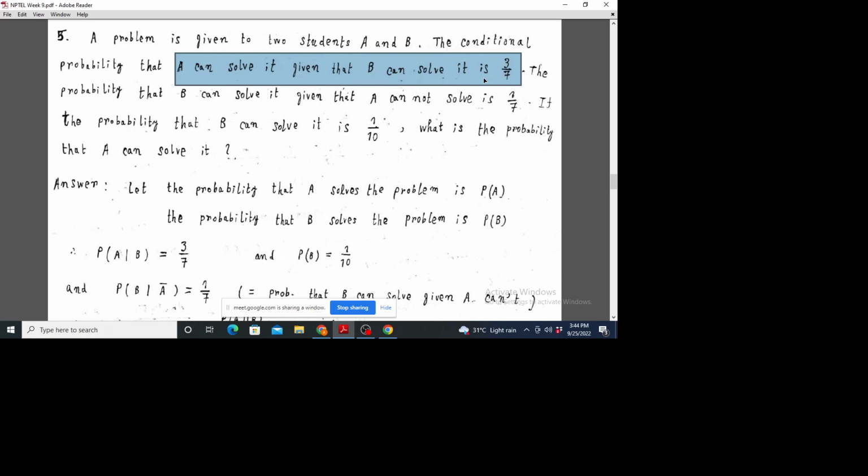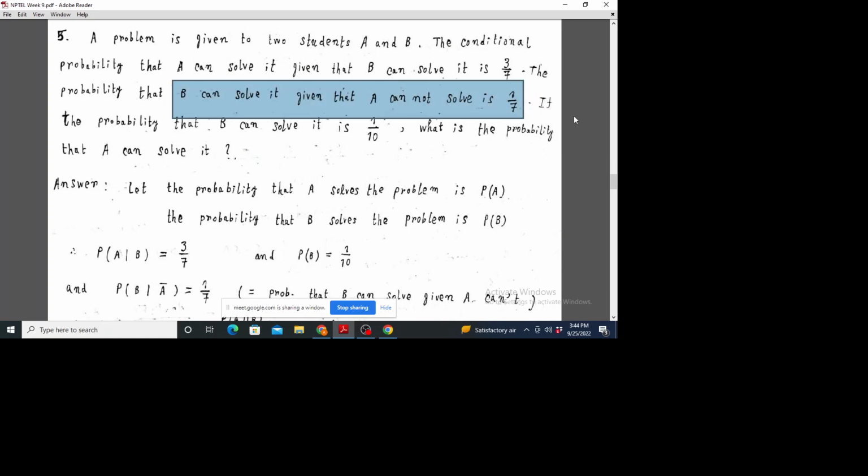And then we are given another conditional probability: the probability that B can solve it given that A cannot solve it is 1 by 7.